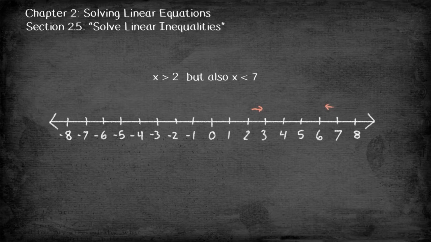And we can draw that on the number line putting open circles on 2 and 7 and drawing the line in between. We can write that as the open interval from 2 to 7. And this is what we call a finite or bounded interval.